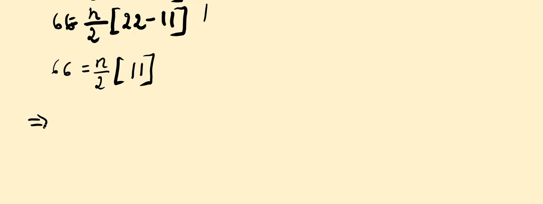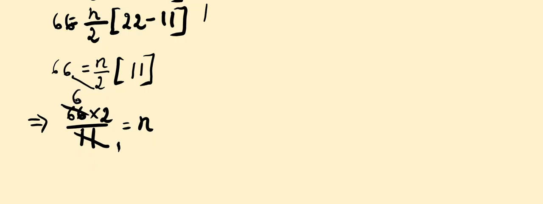And it implies 66, this 2 when it comes to here, it will multiply. And this 11 when it comes to the LHS, it will become divide, is equal to n. We write n as it is. Here we can simplify. 11 sixes are 66, so 6 twos are 12. We got n. How many terms are present? 12 terms, correct? n is 12.